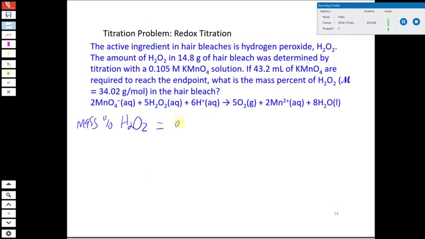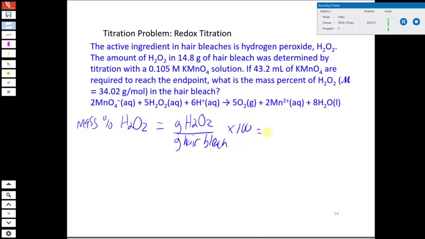So mass percent of a solution is going to be the grams of the solute, which is H2O2, divided by the grams of the solution, which in this case is our hair bleach, multiplied by 100. That's sort of the definition of mass percent for a solution, which we've seen a couple other times in example problems. So defined very similarly as other mass percents that we've dealt with.